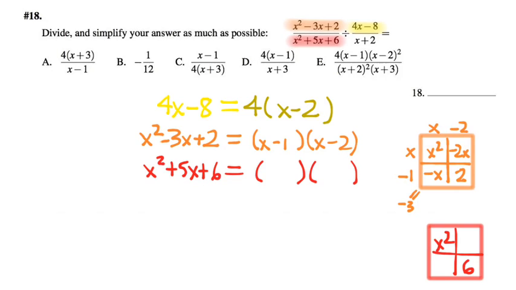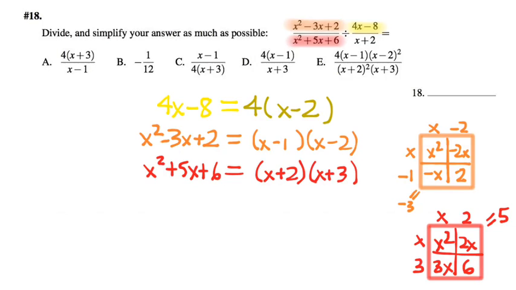And they have to add together to give me the linear coefficient 5. 3 and 2, positive 3 and positive 2 fit the bill, because then I get 2x from this cross term, 3x from that cross term. Those are like terms that add together to give me 5x. So I have x plus 2, x plus 3, and now all my factoring tasks are taken care of.